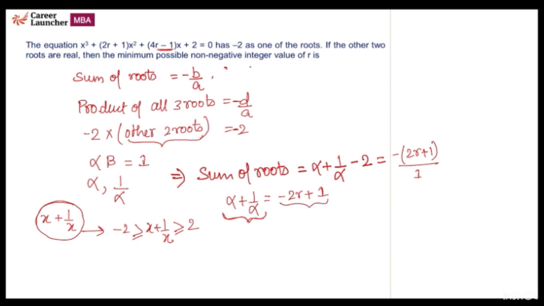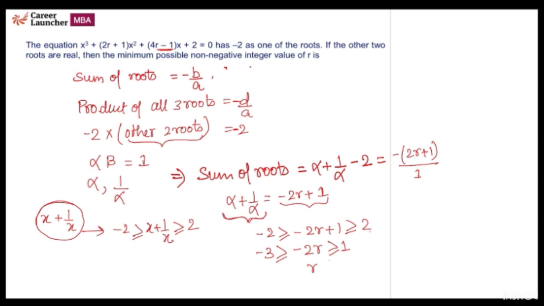So we can write that -2r plus 1 is greater than or equal to 2 or less than or equal to -2. Let's solve it. This one will go here, it will be -3 minus 2r, and this one will go to this side, it will be 1.